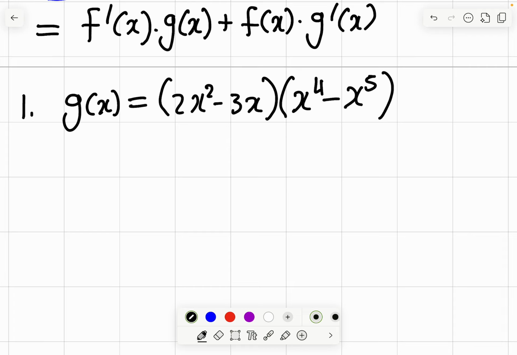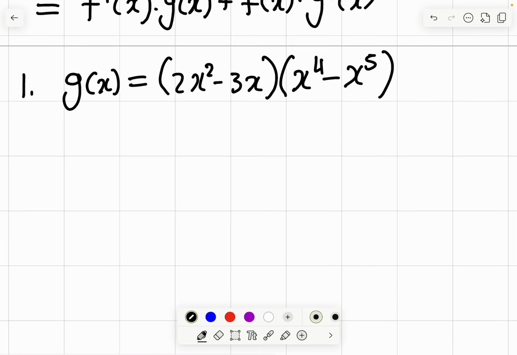When you have a subject of the formula like that, they are asking you, what is g prime of x? What is the derivative of that?